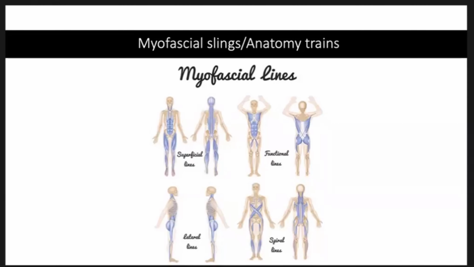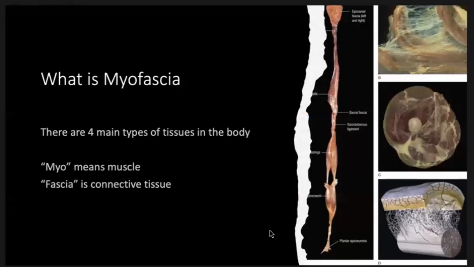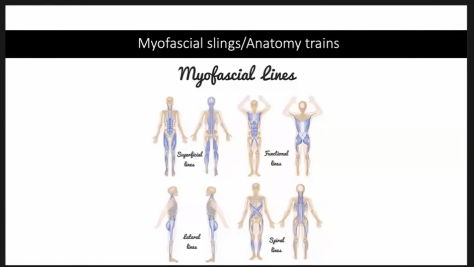So what we have here, we have different lines. Where I was on this slide, you see that whole line there. That's a real life image they've taken from a cadaver of what this is representing. So you've got your superficial lines, all connected as one system, the front and the back.